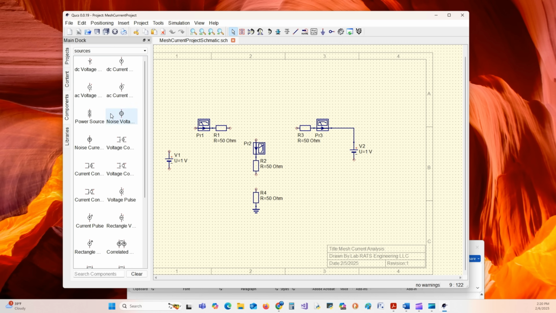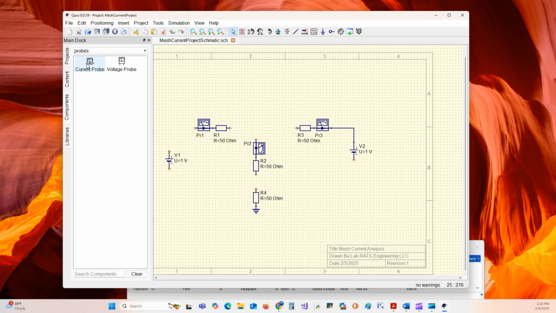Go to sources, 2 DC power supplies. Got those. Then we need the current probes to measure our current. Current probes right here. See, that's like before, it automatically numbers them. You hit escape or come up here and hit this arrow to deselect it. I don't want that, so I'll hit that again. Delete it.